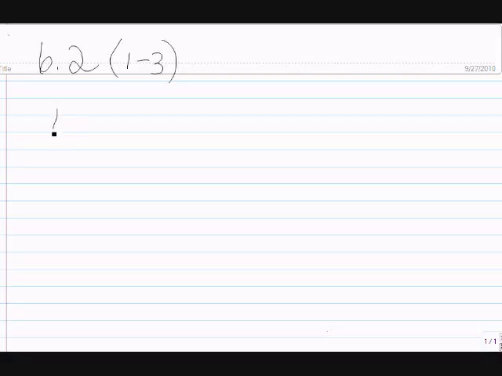And this first example is going to be negative 12 is greater than 3 times some number r. Now I'm going to solve this just as though it were an equation instead of an inequality.